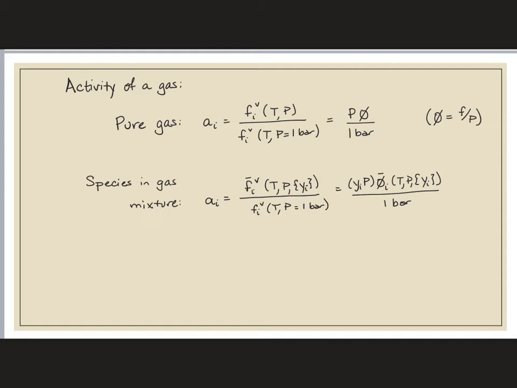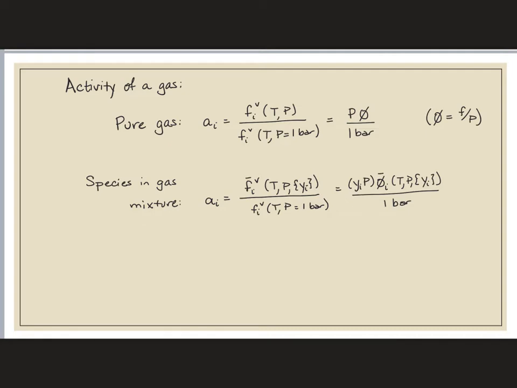For a mixture, we would look at a particular species and we would instead use in the numerator fi in a mixture for the gas phase, at temperature, pressure, and composition, divided by the fugacity of the pure gas at temperature with pressure of 1 bar. So our reference here, our standard state, would be a pure gas at a pressure of 1 bar.